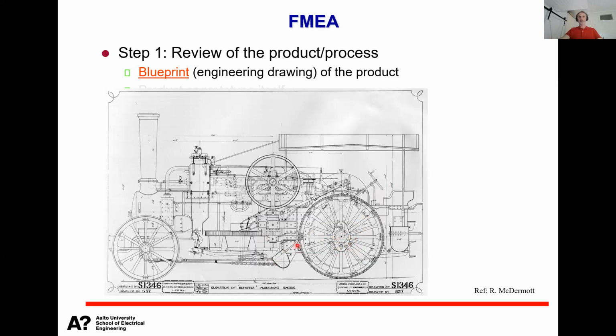Or you can think, okay, what happens, how is it made sure that if you lose your steering and it goes to, let's say, some deep hole, it's not flipping over. So where is the center of gravity, and can you, for example, build something which protects the driver if it's flipping over, and these kind of things.